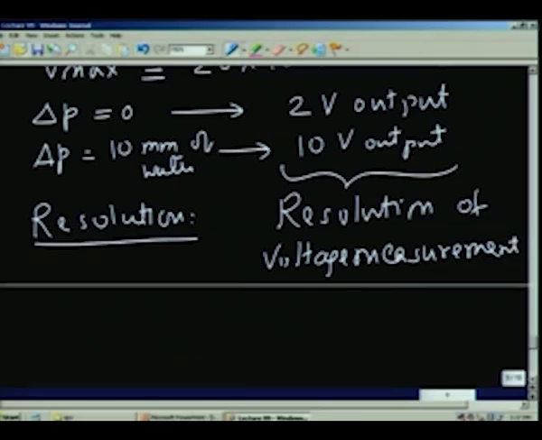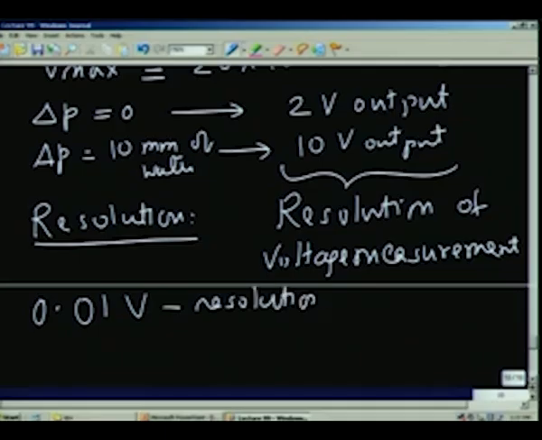Suppose for example, I am able to measure 0.01 volt resolution, just an example. That means what does it mean? I can go up to 19.99.